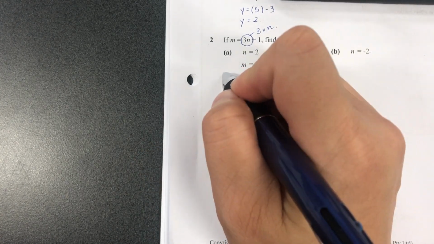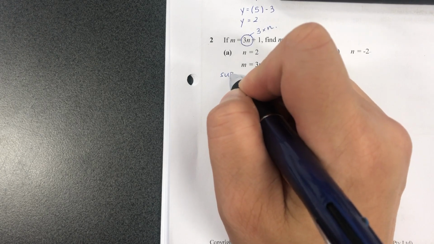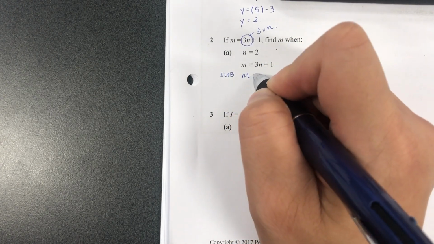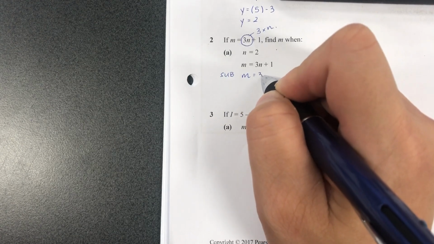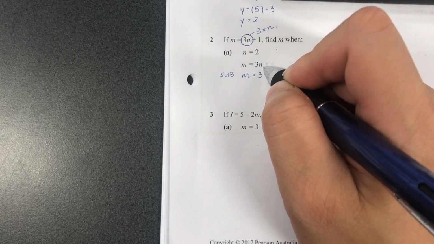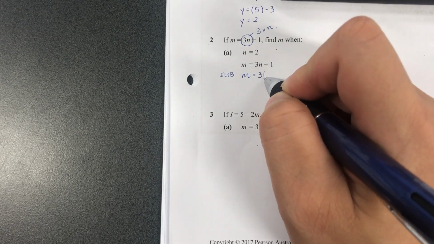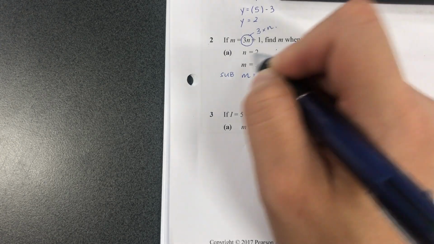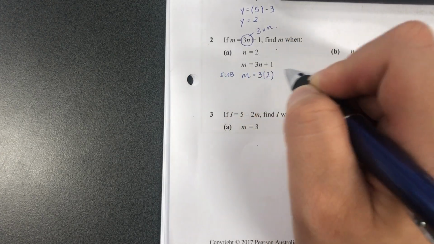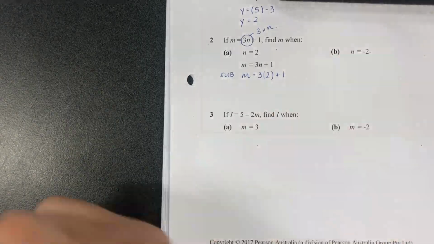In my next line, I'm substituting, which I'll abbreviate as sub. So we've got m is equal to 3. Okay, and then what did I say? When you see the letter that you're substituting, put the brackets to replace it, and then put in the brackets the value that it's equal to. In this case, it's 2, plus 1.